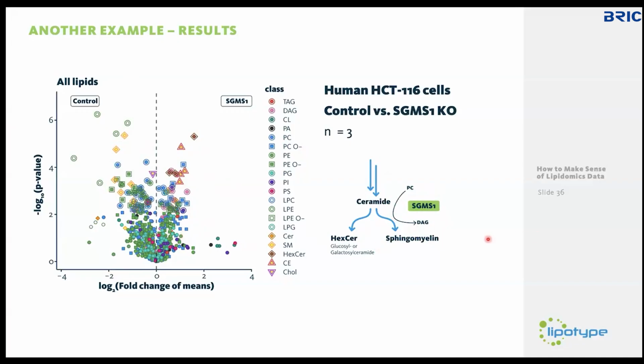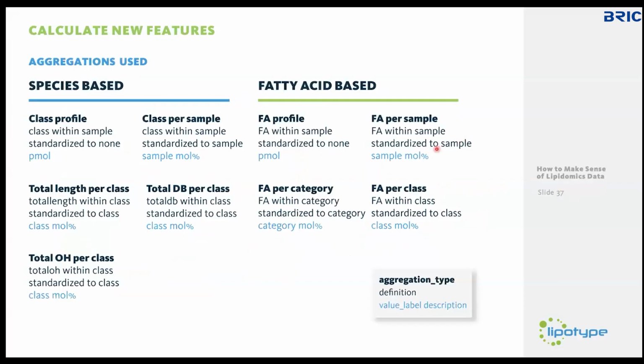One thing that we like quite a bit is looking at what we call aggregations. That means that you sum up specific groups of interest into new features. So you're doing feature creation, and that means you define what you want to sum up, within which group you want to sum it up, and what you want to standardize it to.